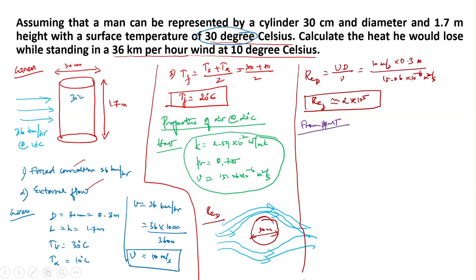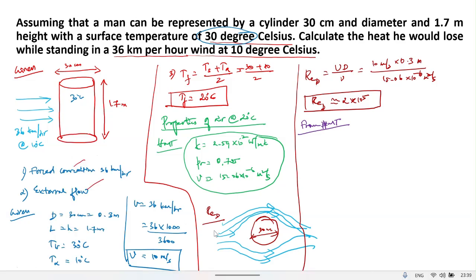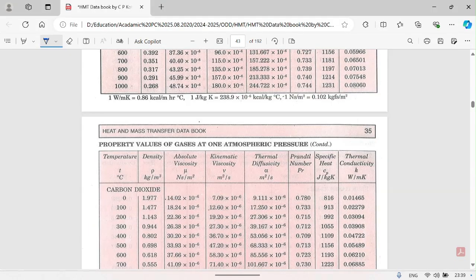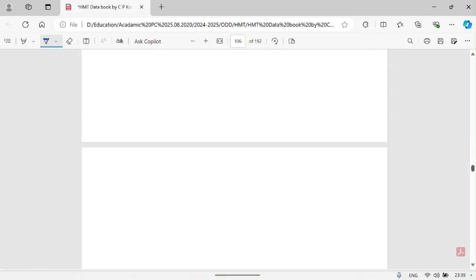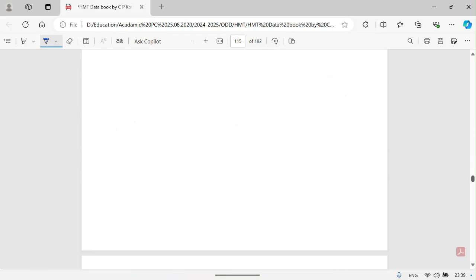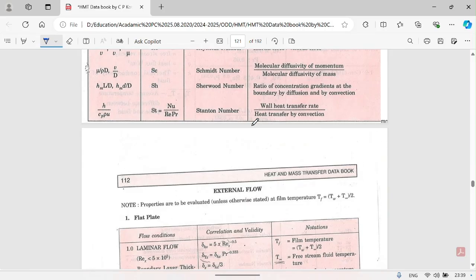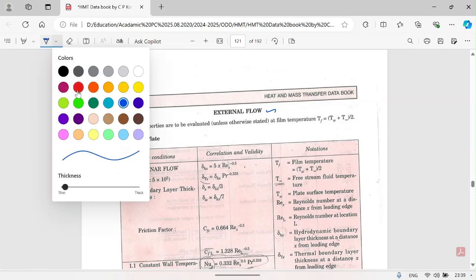In the HMT data book, in the convection cases, there is flow over external surfaces. We are going to find the values for external flow.